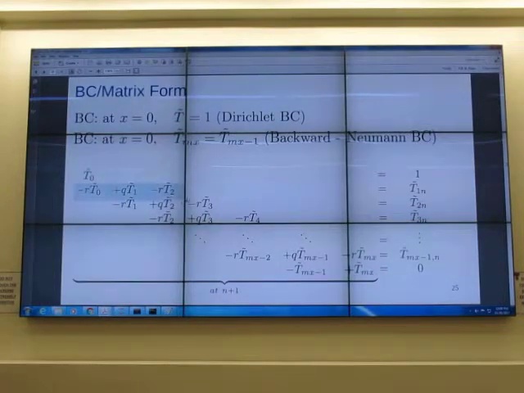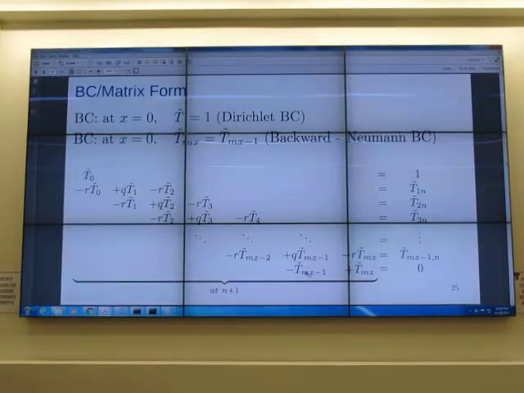Okay, so we have that. What if i equals 2? You have 2 plus 1 is 3, 2 minus 1 is 1, and you have this equation. And so on, until the end, which is different. At the boundary at the end, you have t at the last point equal to t at the point before, right? So basically, minus t(mx minus 1) plus t(mx) equal to 0, or t(mx) equal to t(mx minus 1).